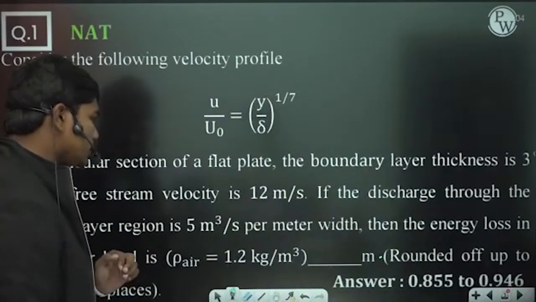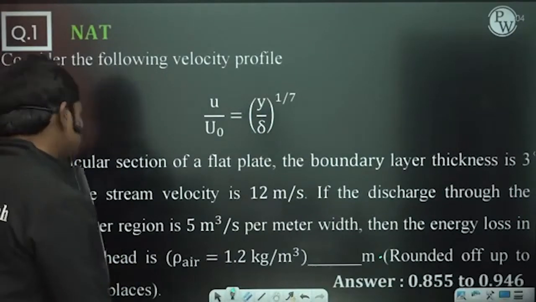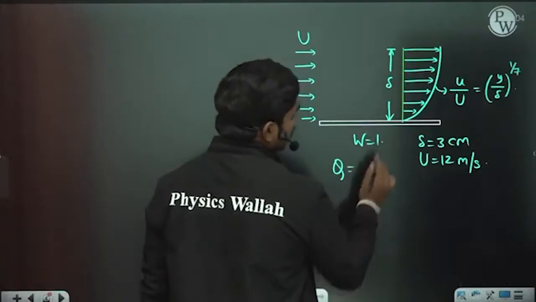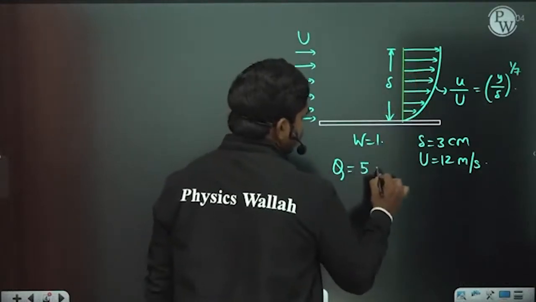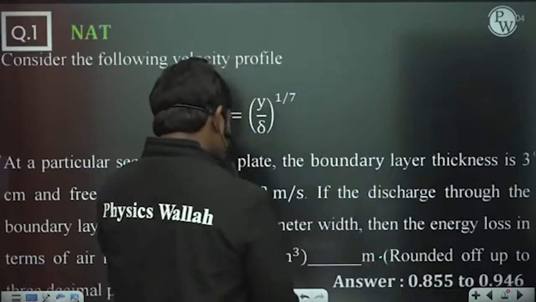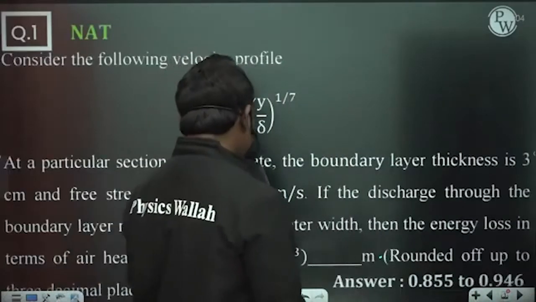If the discharge to the boundary layer is 5 meter cube per second per meter width, so when the width of the plate is 1, the discharge to this boundary layer region is 5 meter cube per second. Now, per meter width, the energy loss in terms of air head is dash.